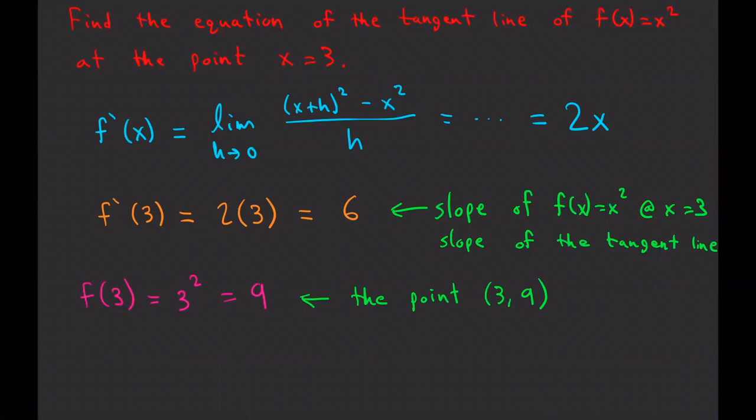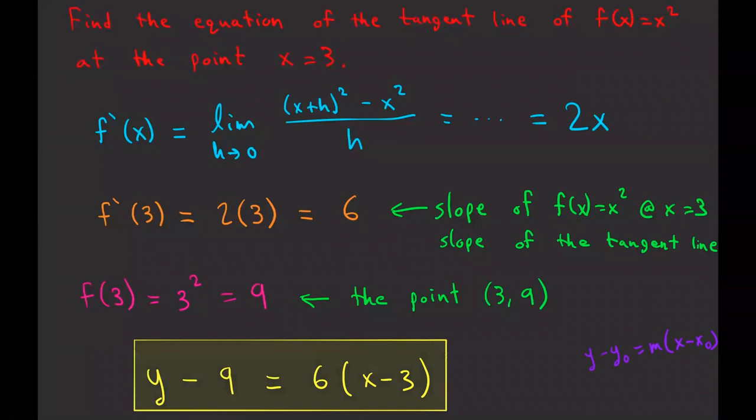So if we just wrap this up, we can write that our equation, let's do a different color there, y minus the y coordinate 9 equals the slope 6 multiplied by x minus the x coordinate 3. That's just me doing y minus y naught equals m times x minus x naught. And that's our answer right there. We've got y minus 9 equals 6 times x minus 3.